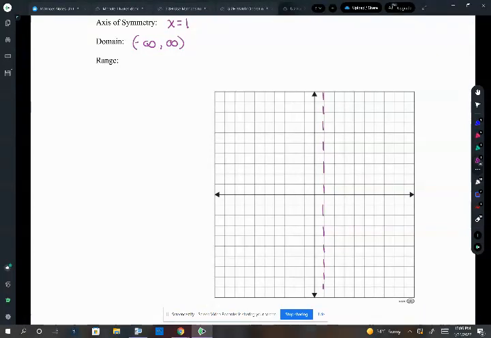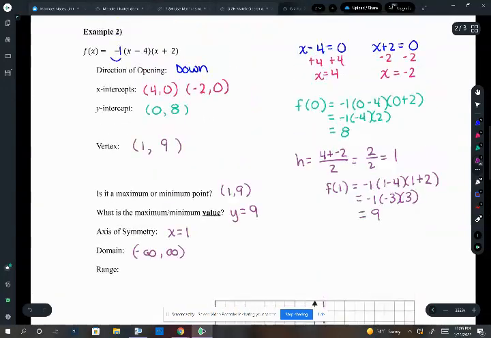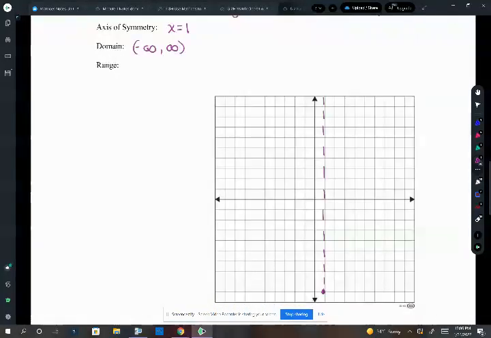So we're going to go up 1, 2, 3, 4, 5, 6, 7, 8, 9. Hello, I do know how to count. 1, 2, 3, 4, 5, 6, 7, 8, 9. There we go. That's a little bit better.